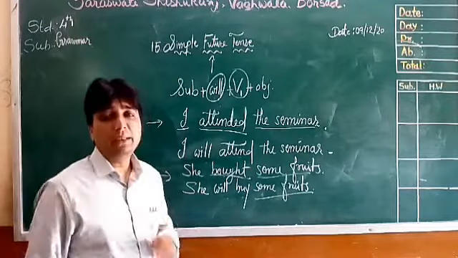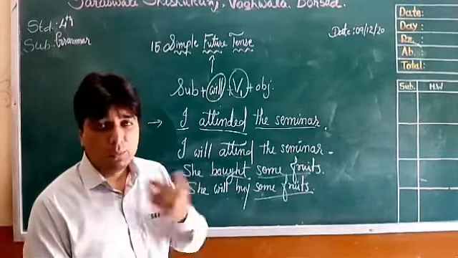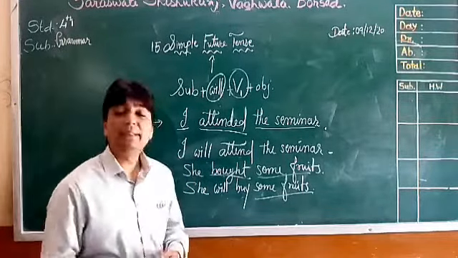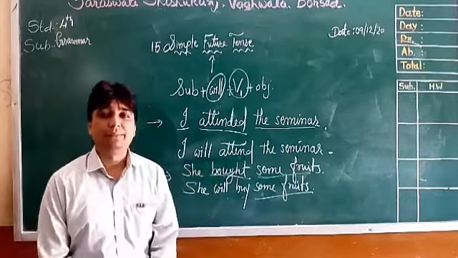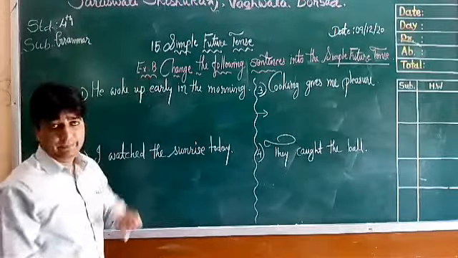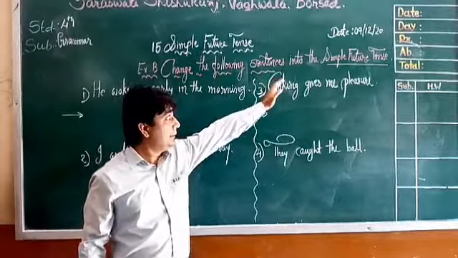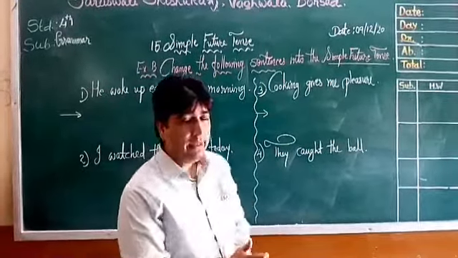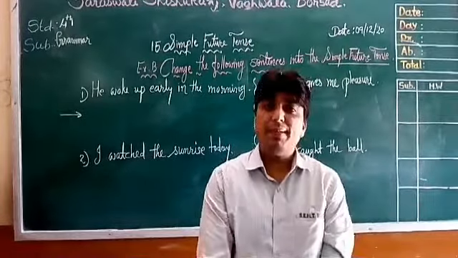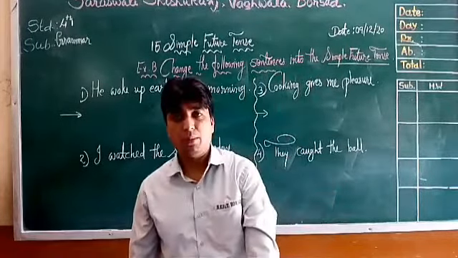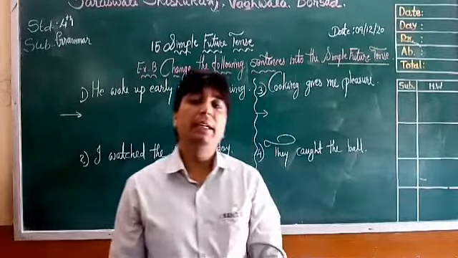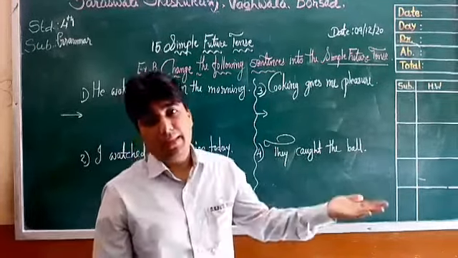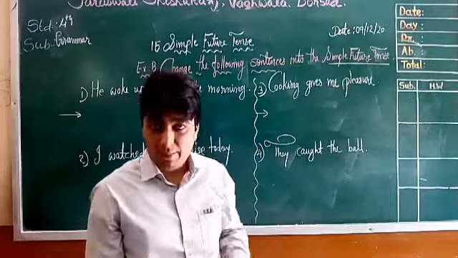So now let's have an exercise to convert these sentences into simple future tense. Let's take a look. Exercise B. Change the following sentences into the simple future tense. It means there must be some changes in the verbs. They will not remain in their main form. They can be in past tense or in simple present tense form.